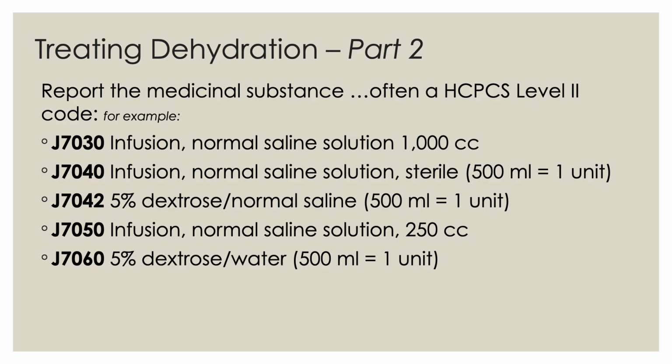So here we are looking for exactly what was infused, which is in this case normal saline solution, as well as the quantity. All right? Because it's not unusual for an infusion to be less than or different, okay?